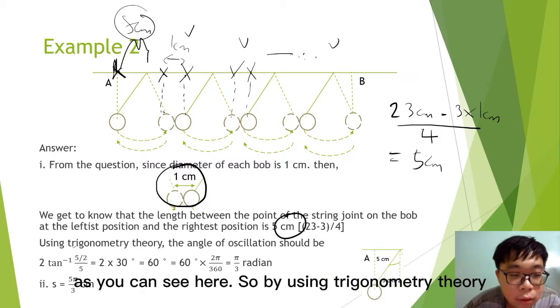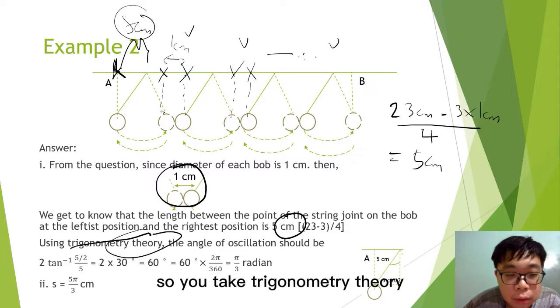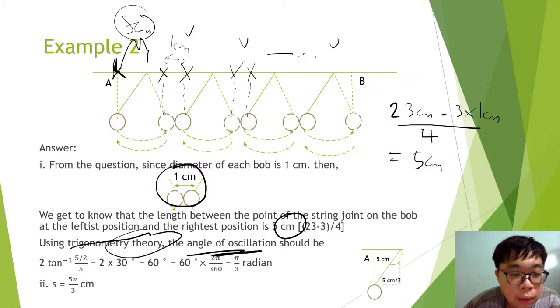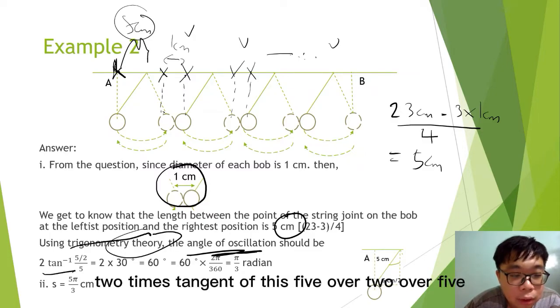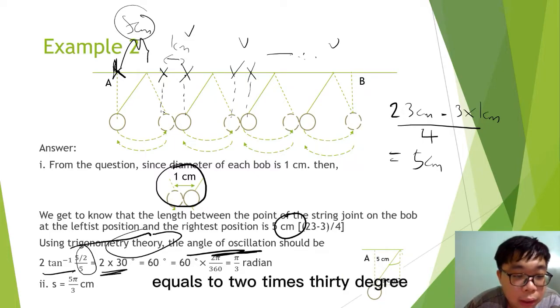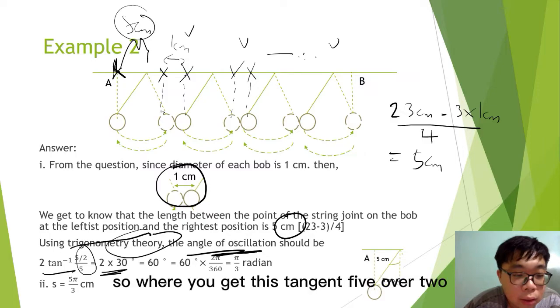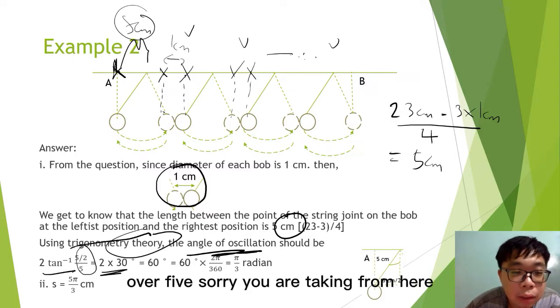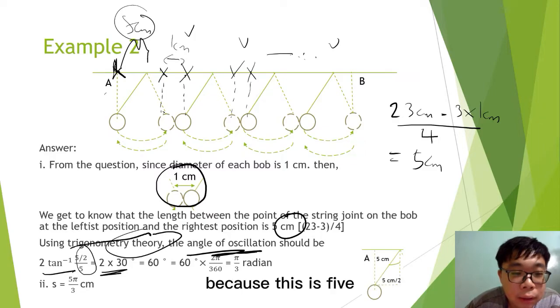By using trigonometry, the angle of oscillation should be 2 times tan inverse of 2.5 over 5, which equals 2 times 30 degree. Where you get this tangent of 2.5 over 5, you take it from here, because this is 5, you can see this is 5.